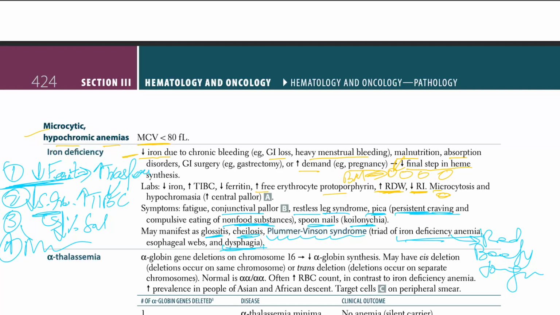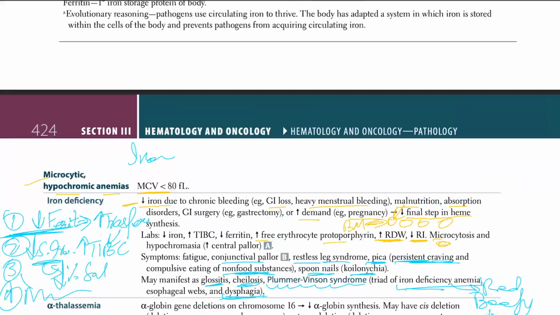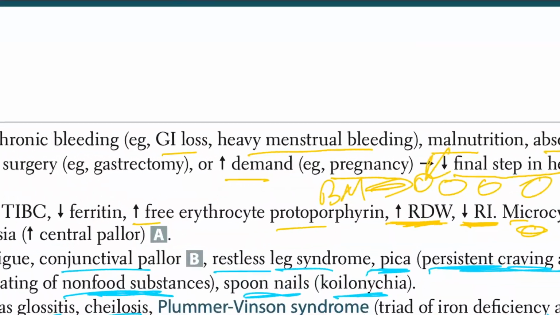anemia. But let's now also talk about how iron gets absorbed in the body. So iron is taken in the diet, like food iron.